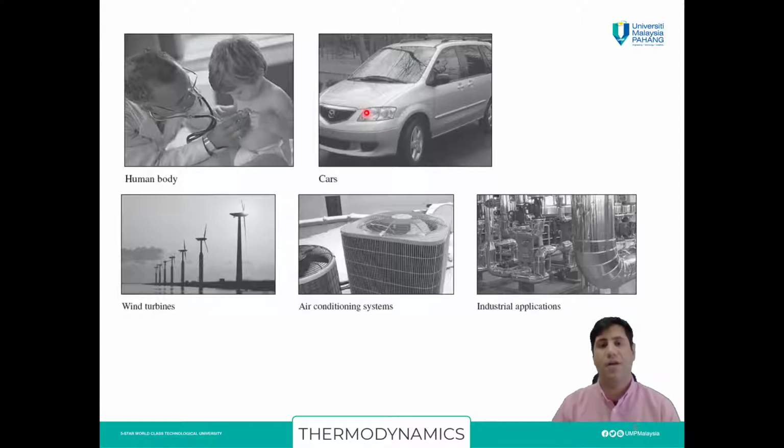Cars have energy to move their engines. A wind turbine produces energy by rotating its propeller. And air conditioning systems, industrial applications, and many other areas. Thermodynamics is a very common and general area, and it is a very important subject, especially for mechanical engineering.